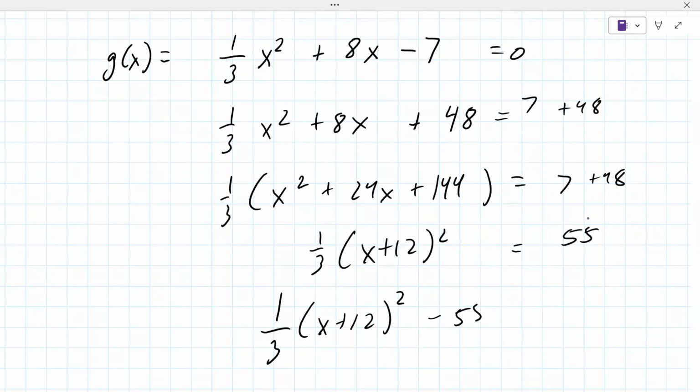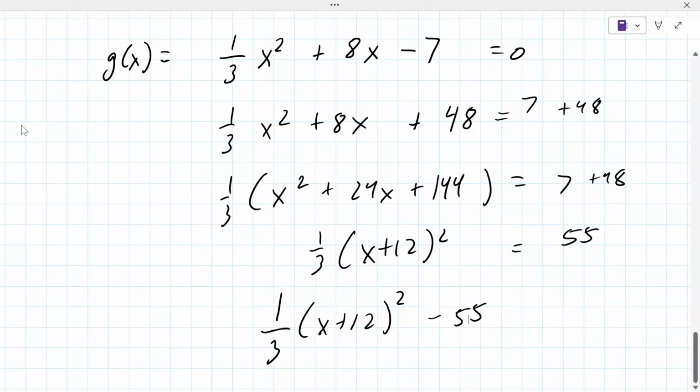So 48, 48, that'd be 55, and then minus 55, minus 55. So it'd be minus 55, not minus 11. Yeah, I think it's just the squaring the half of the middle term thing.